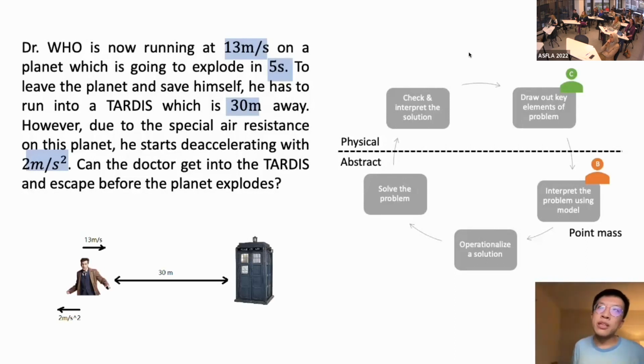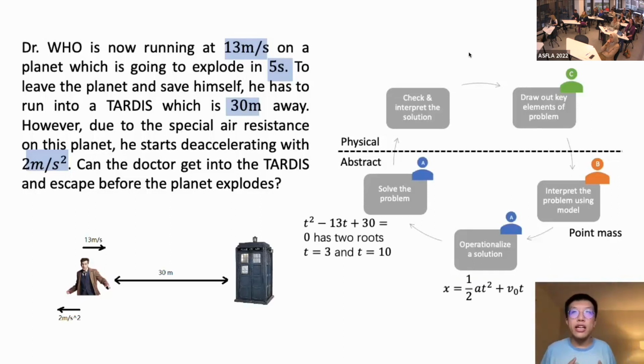And then Banqiao comes out and interprets the problem using a model. He said that because Doctor Who is very small, and we don't care whether his left hand or right hand comes into the TARDIS first, they will use a point mass. Now, because we consider Doctor Who as a point mass, we have tons of equations to solve.